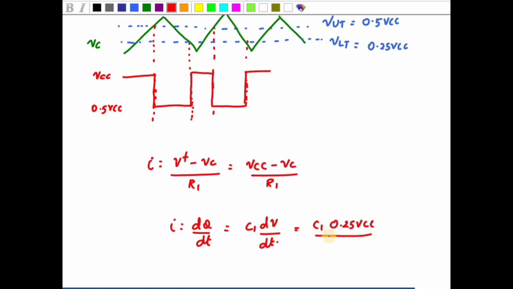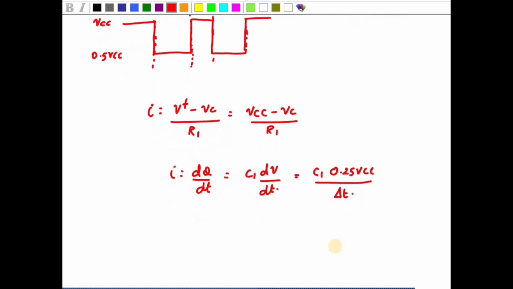Here dt I can write as del T. I can substitute: this is my first equation and this is my second equation.